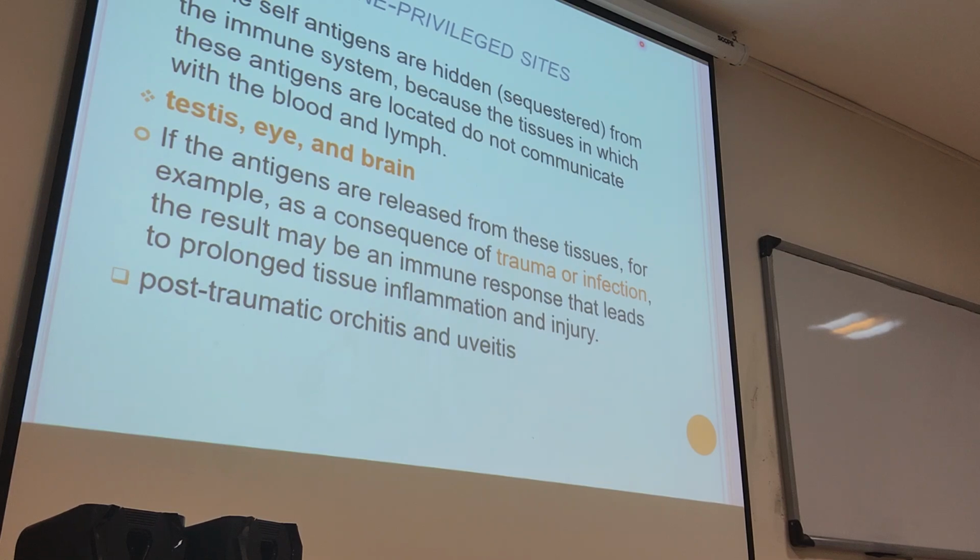After trauma or infection, the antigens enter the blood or lymph and go to the secondary lymphoid organs, and we will have an immune reaction against them. That's why, have you ever heard that if there's trauma to one eye, we may lose the other eye because of an immune reaction? That is the reason.